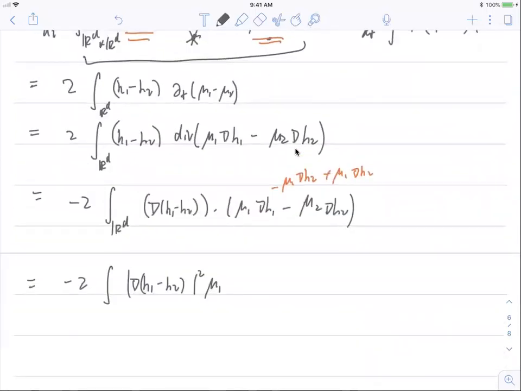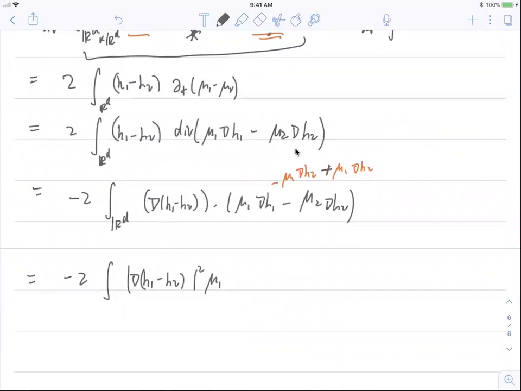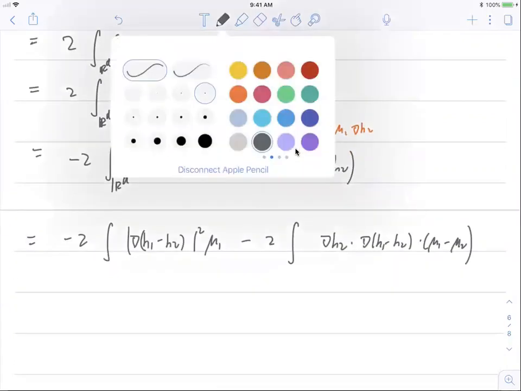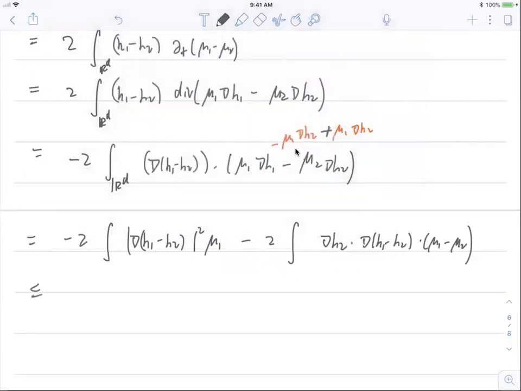So this should be plus, right? So then minus 2, H2, H1 minus H2, mu1 mu2. Okay, so the first term is always positive, right? So this is always positive. So we can just throw away this term.